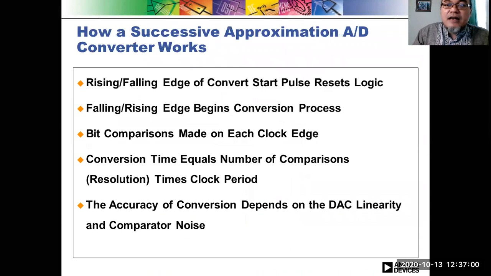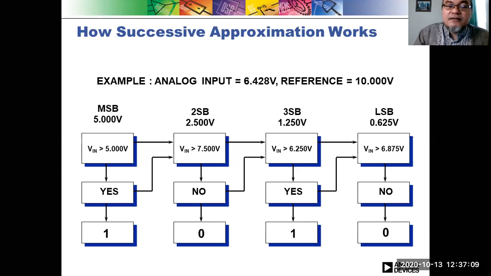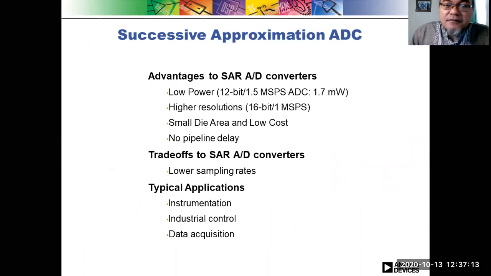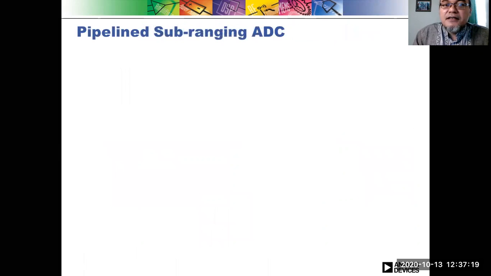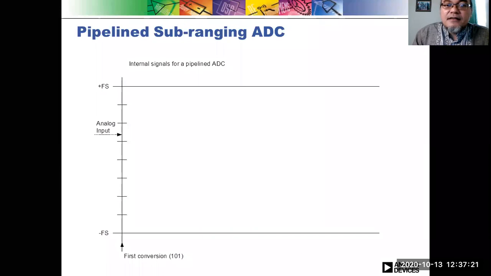After that, there are some comparisons between several algorithms of analog to digital conversion, like successive approximation, which approximates the level. If you want to study in more detail, there are advantages and disadvantages. Then there's pipeline, sub-ranging ADC, and so on.